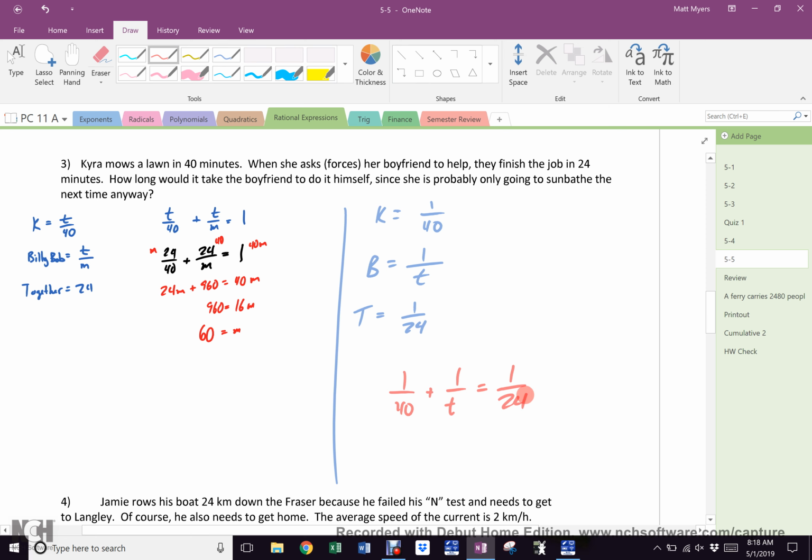Now, when we did it with the t over here, we're in a bit of trouble, aren't we? Because now we got to change all the denominators, or do we? Couldn't we do 1/t equals 1/24th minus 1/40th? Right?